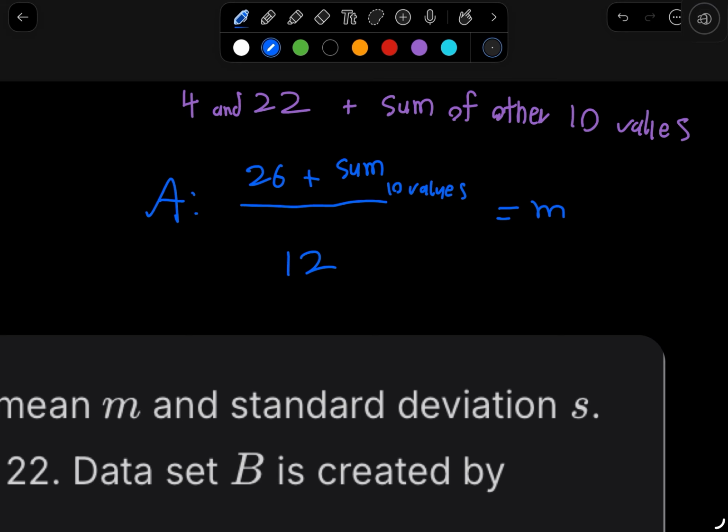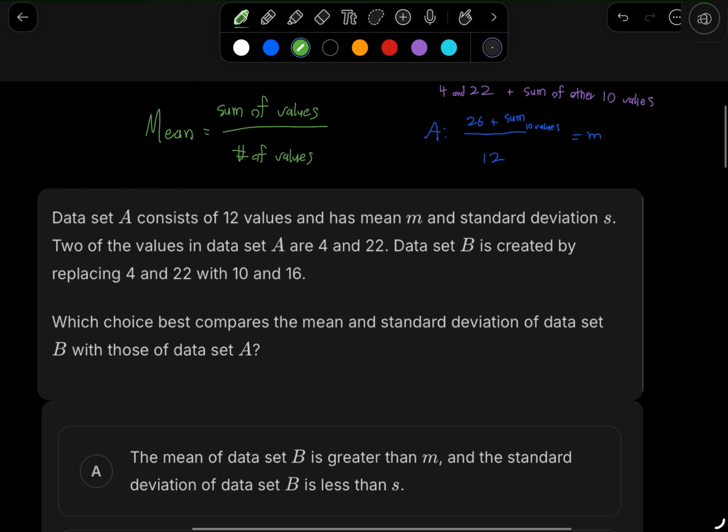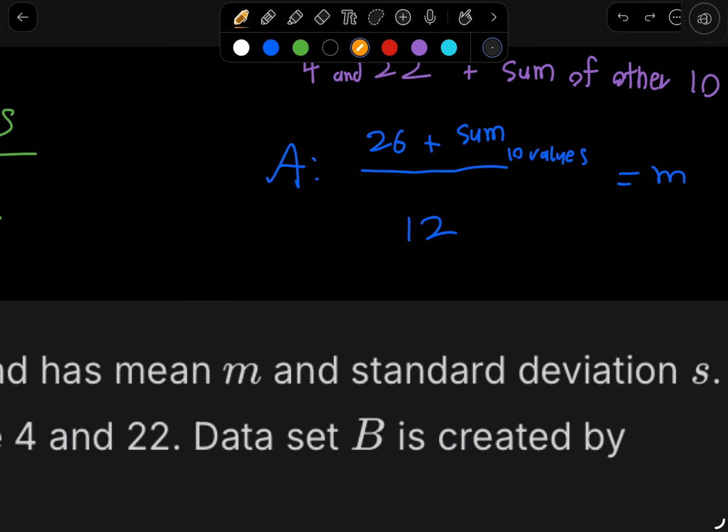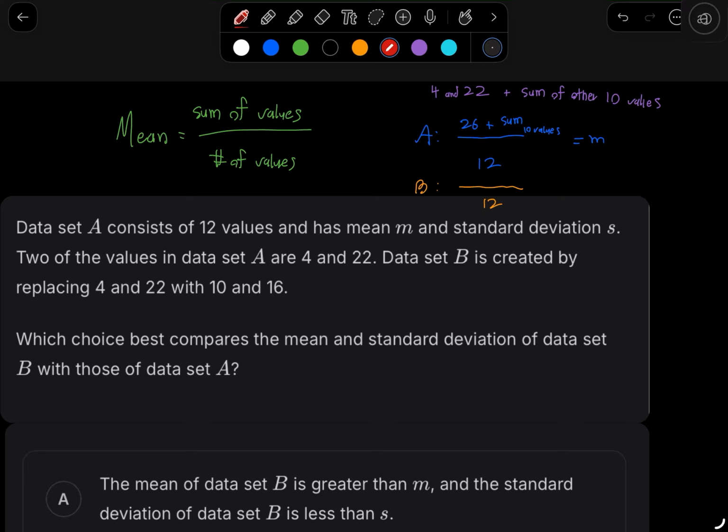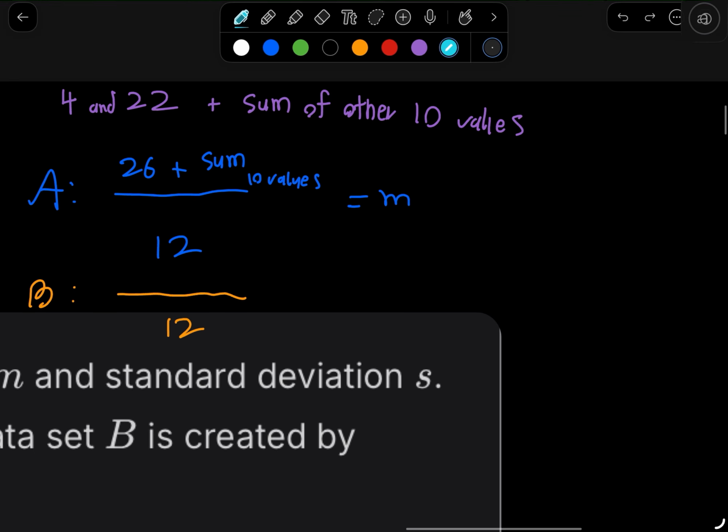Now compare that to B. Again, the only difference is that you're replacing those two numbers with 10 and 16. So dataset B still has 12 numbers, because you're just replacing them. So it still has 12 values. Think about what we know now. Instead of 4 and 22, we have 10 and 16. And once again, we don't know the sum of the other 10 values.